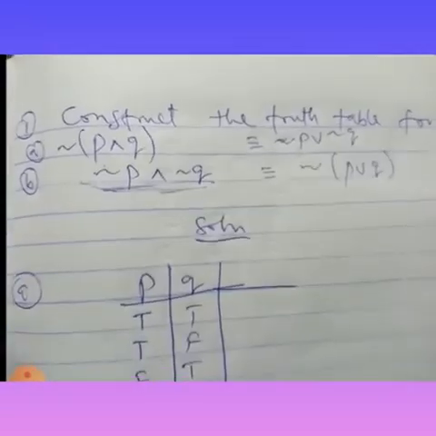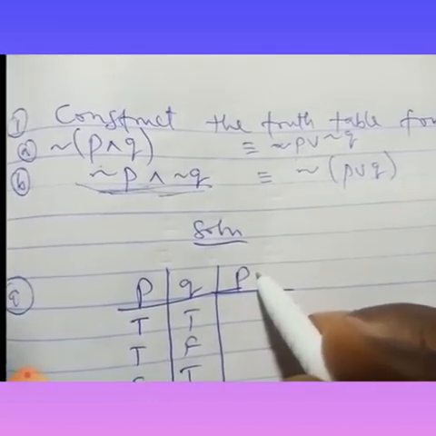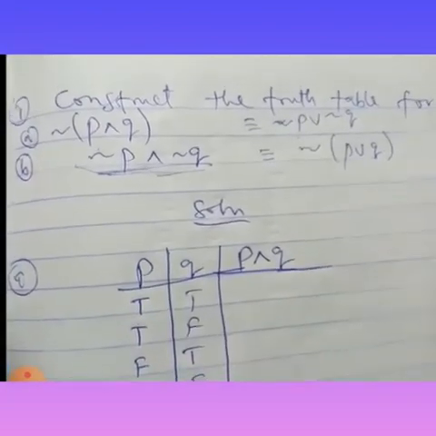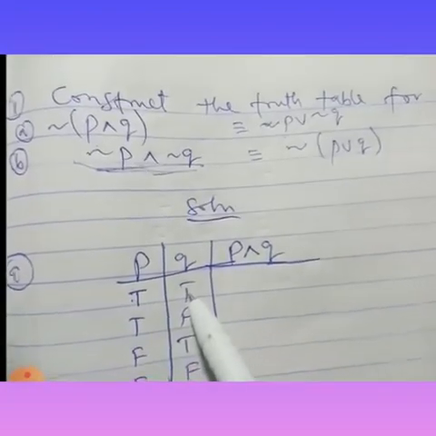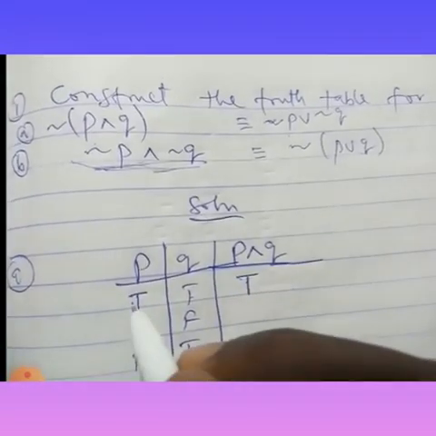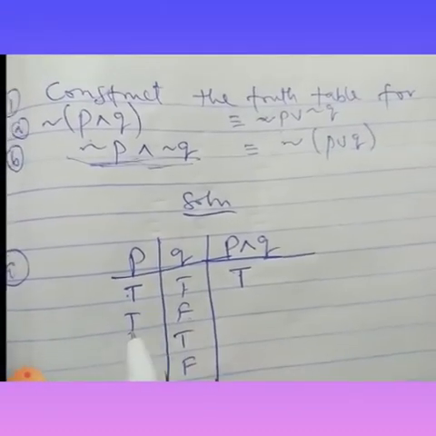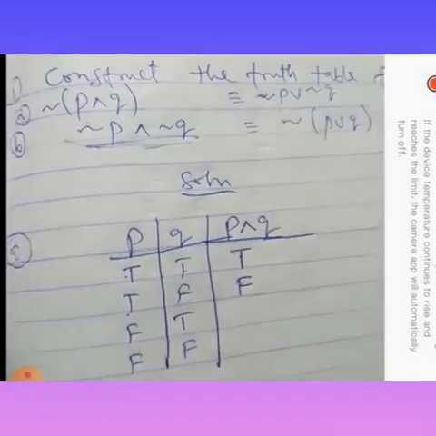Now, combining the two of them with conjunction, and is like times. If we have true and true, of course it will be true, just like saying 1 times 1, that is 1. Then true and false, 1 times 0, it is 0, false.